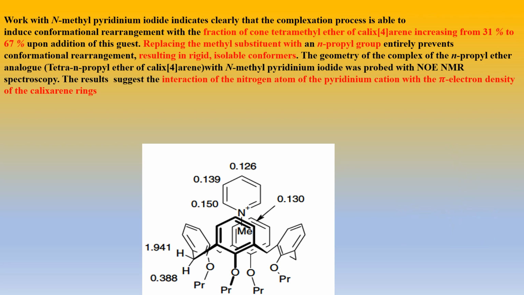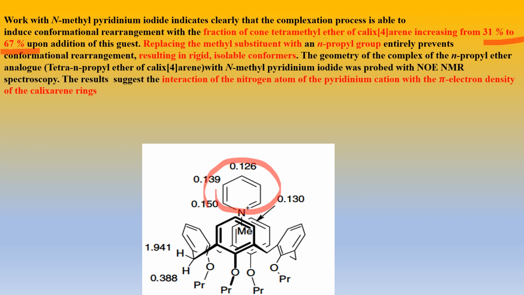So here you can see after introducing this pyridine cation to the n propyl substituted group in the butyl calixarene, it is noted that the cone like conformers percentage will increase from 31 percentage to 67 percentage.